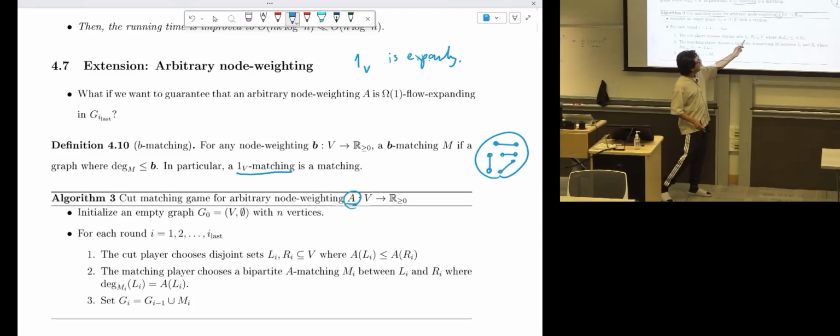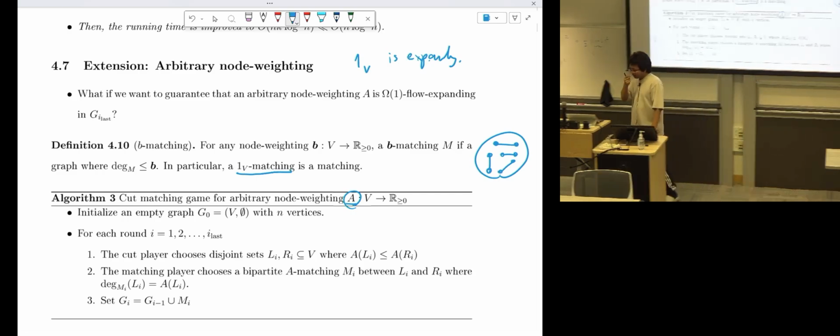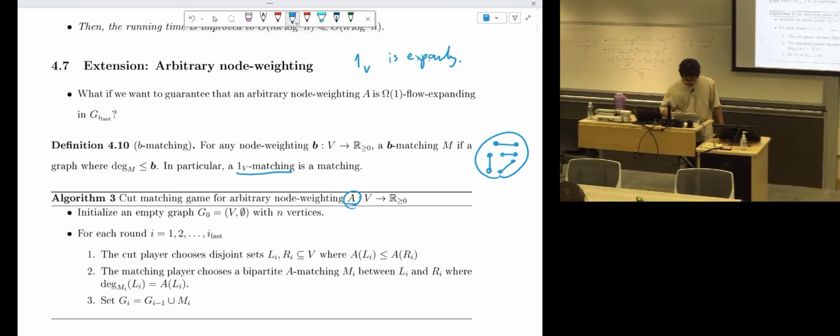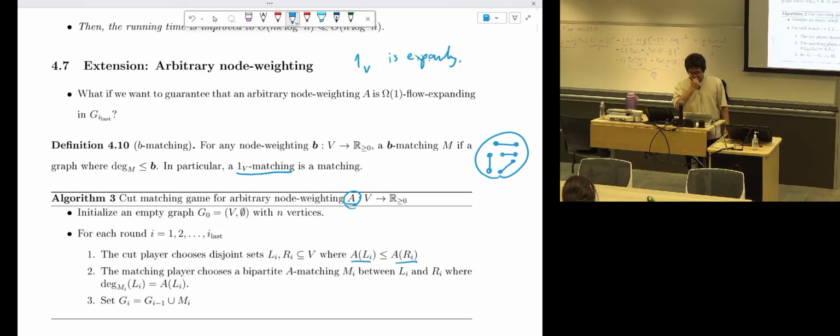We choose Li and Ri such that L is smaller than R, in the sense of A. Like the node weighting on L is smaller than the total node weighting on R.